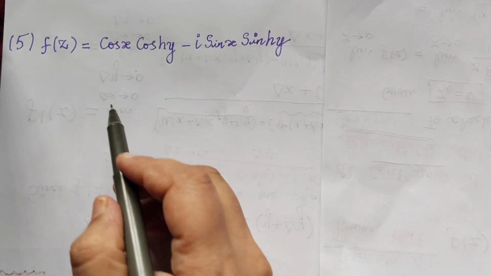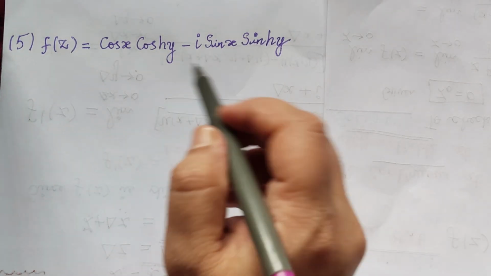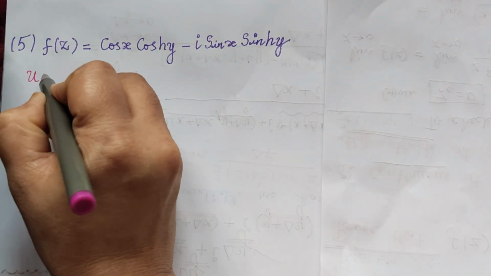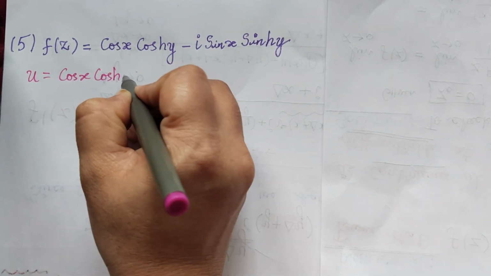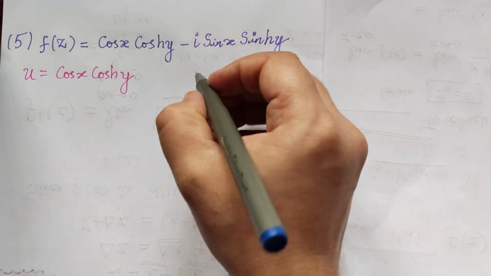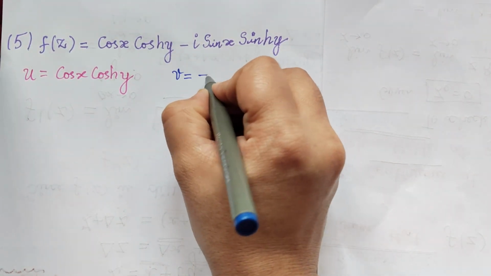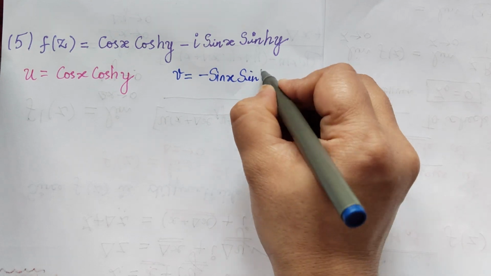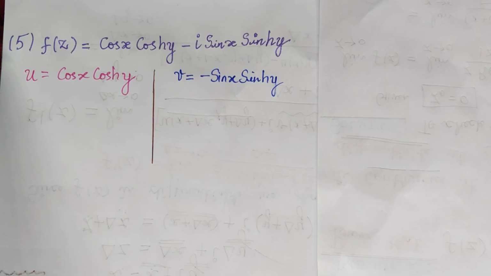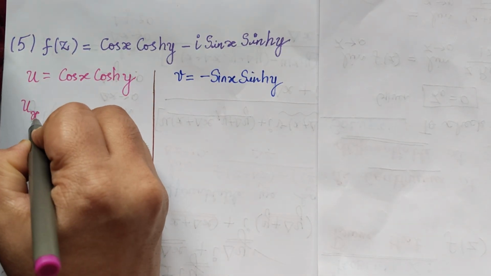So here we have the last problem of this lecture. So now here u is equal to cos x cos hy, and v is equal to minus sin x, the imaginary part, sin hy. We shall differentiate u with respect to x first.